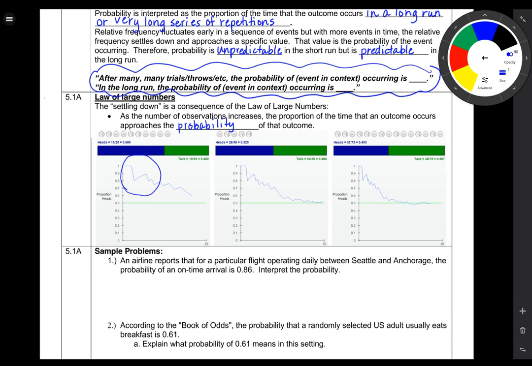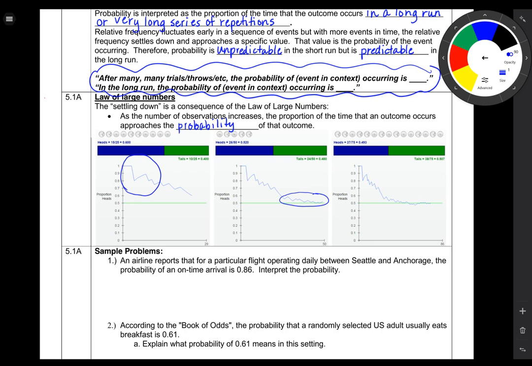If you look at the second diagram, you have 50 flips. In this case, you have 26 heads. So you have some varying at the beginning, but then it tapers off over here and it approaches a little over 50%. Then you look at the last diagram, you have 75 tosses, you have 37 heads, which is 0.493, getting closer and closer to that theoretical probability.